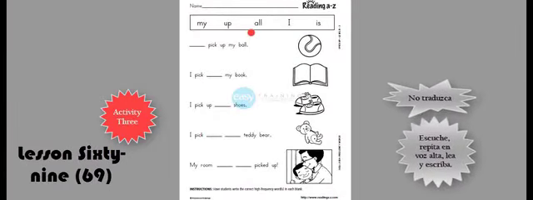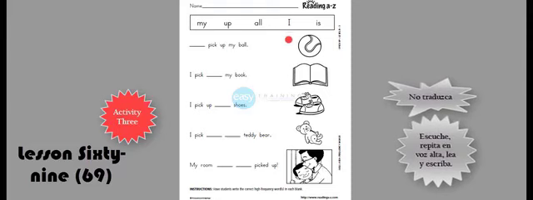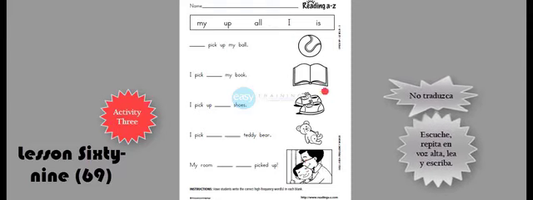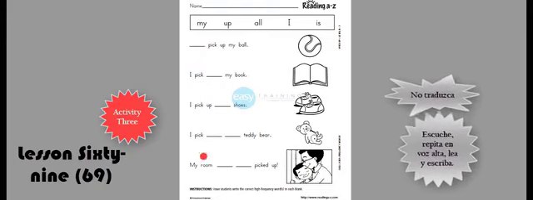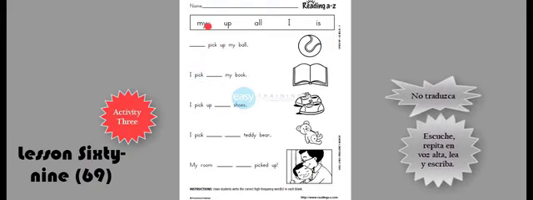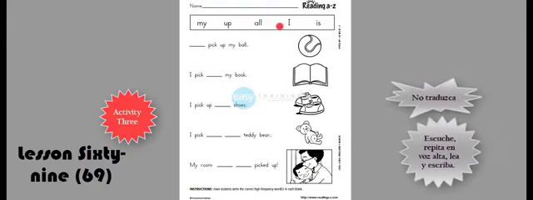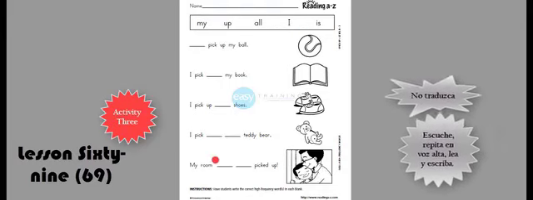This is activity 3, a very easy, simple activity. You see some pictures taken from the lesson and some sentences taken from the lessons too. In this box, there are some words, and you and I are going to use these words to complete the sentences.